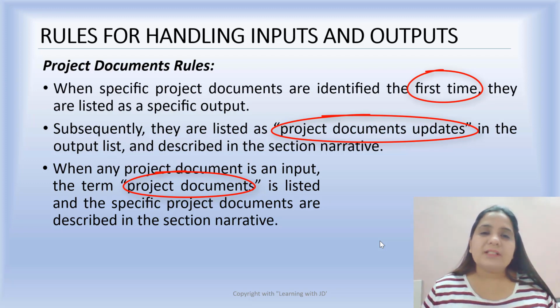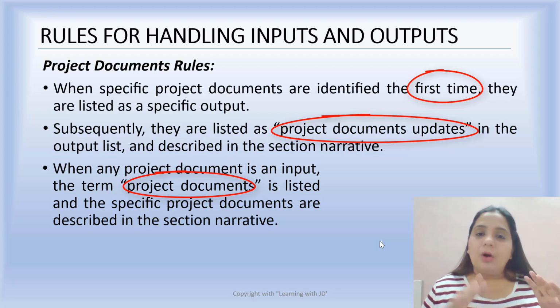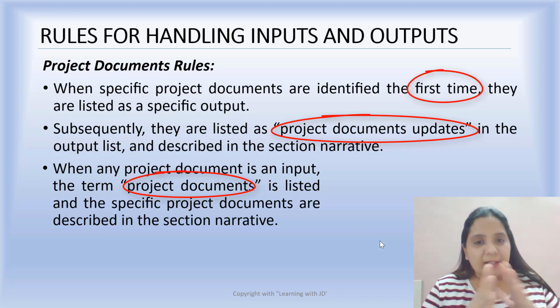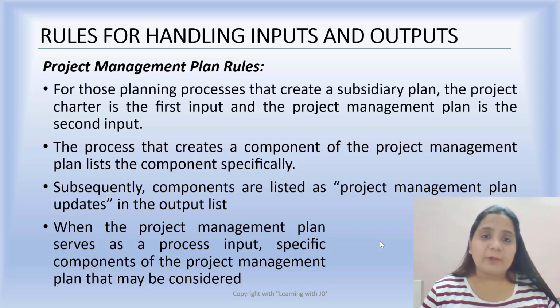Now all the documents that are part of the project management plan will be in the right hand side drawer. All the documents that are part of the project documents will be in the left hand side drawer. That is going to help you understand the difference between a project document and a project management plan.